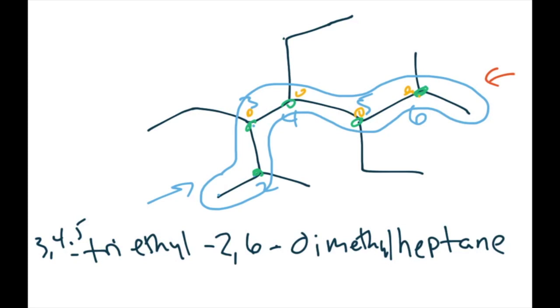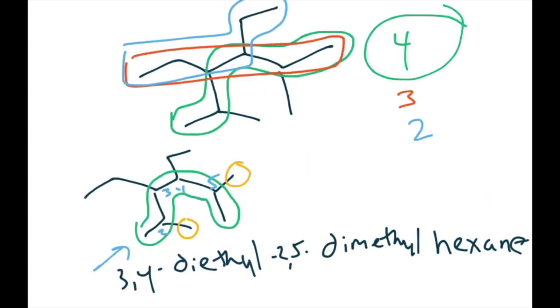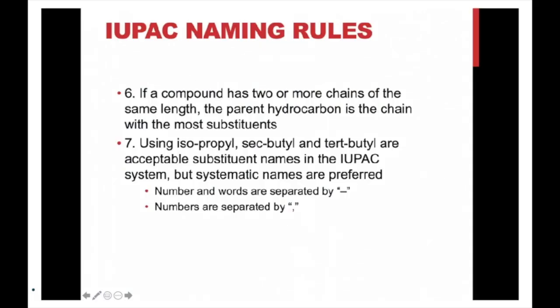Hokey dokey? Seem pretty easy? Now, we just went through all of this. I'm going to go back to this slide I had. Rule 7 lets us cheat on Rule 6. So Rule 7 lets us use things like isopropyl, sec-butyl, which I have to show you in a second, and tert-butyl as substituent names, even though they're not 100% IUPAC approved.